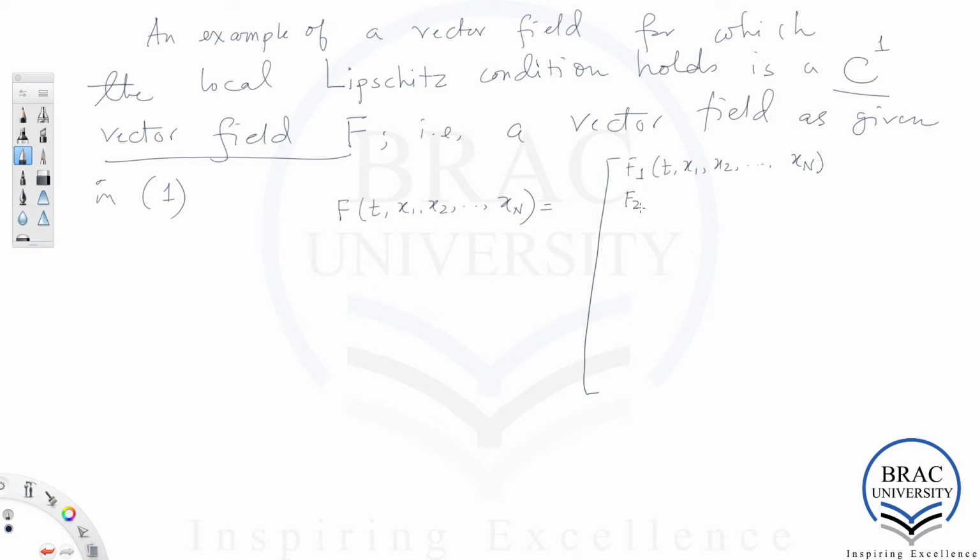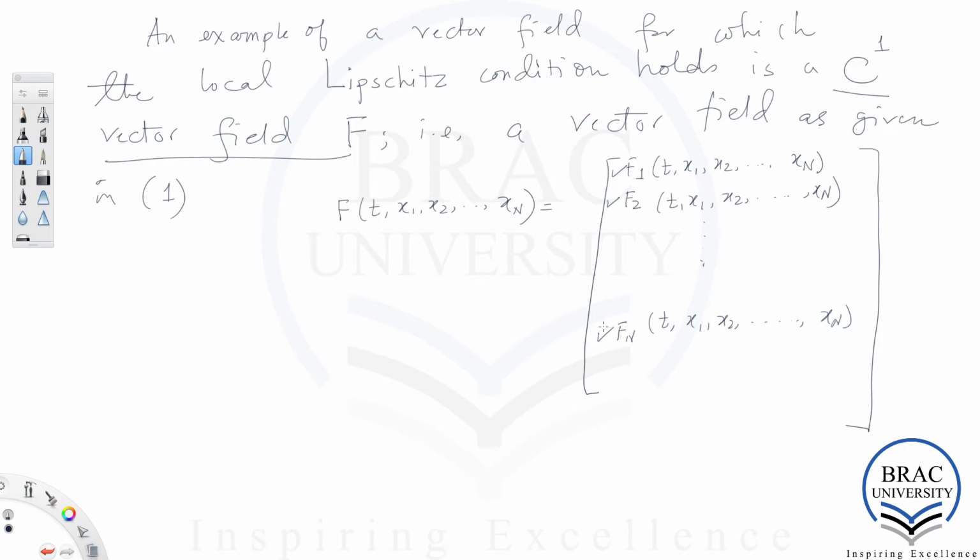The second component was f2(t, x1, x2, all the way up to xn), and the nth component was fn(t, x1, x2, all the way up to xn). So these are the component functions.